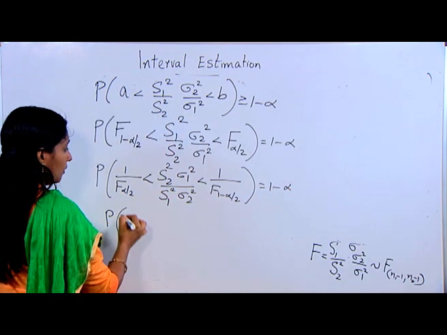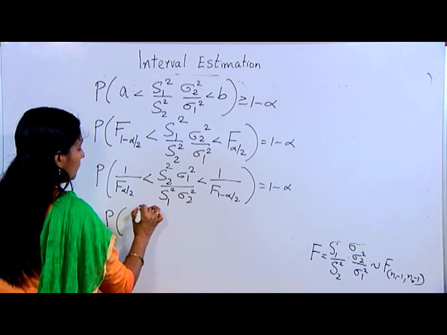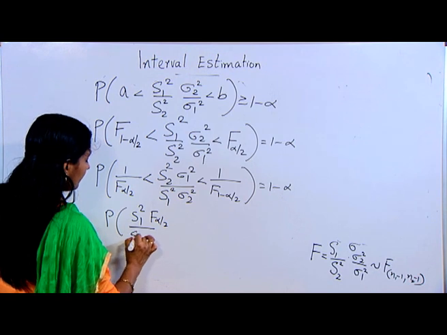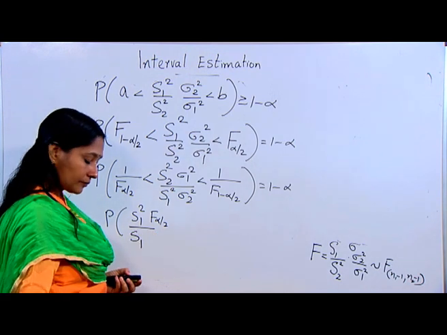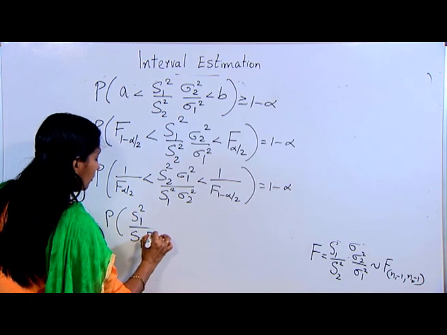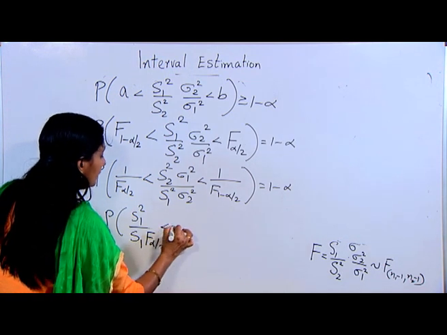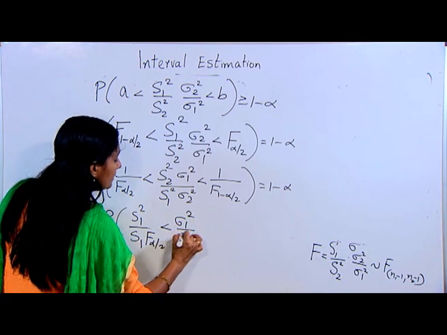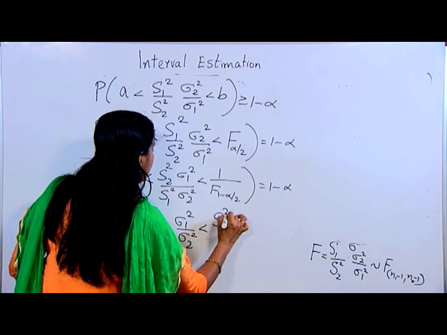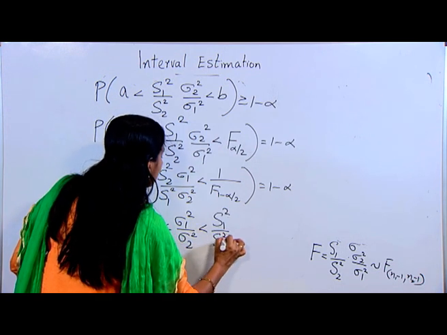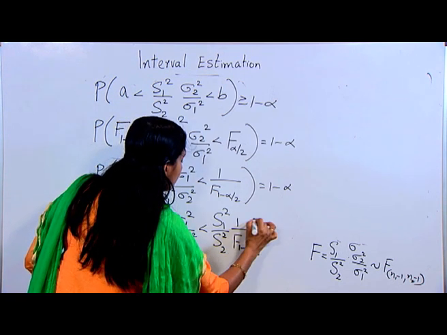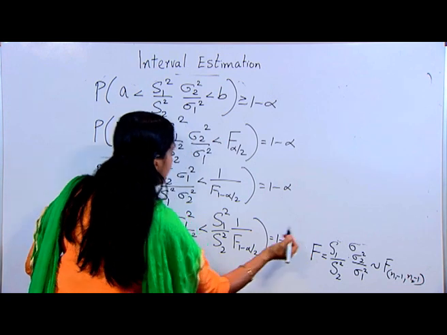Therefore, the probability of s1 square by s2 square F alpha by 2 less than sigma 1 square by sigma 2 square less than s1 square by s2 square times 1 by F 1 minus alpha by 2 is equal to 1 minus alpha.